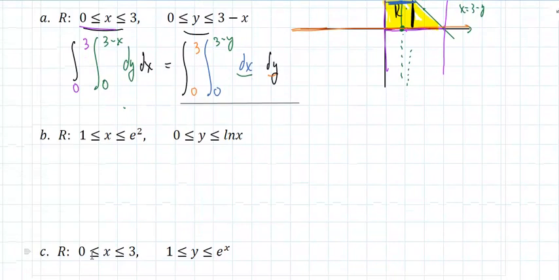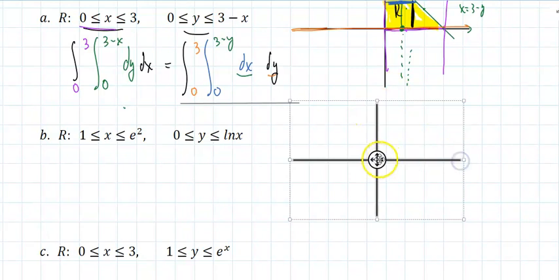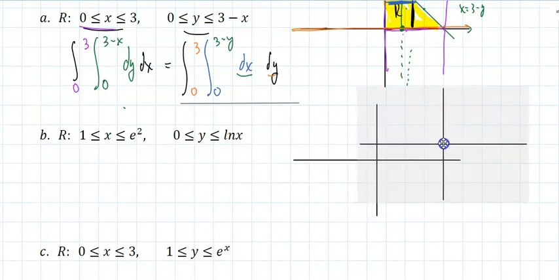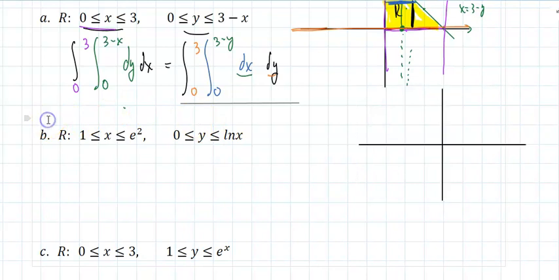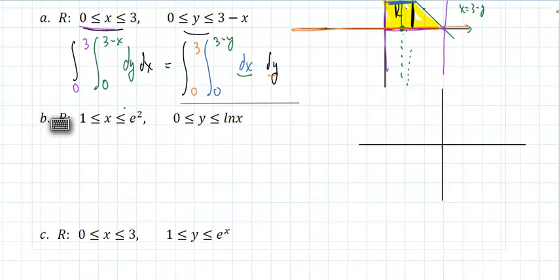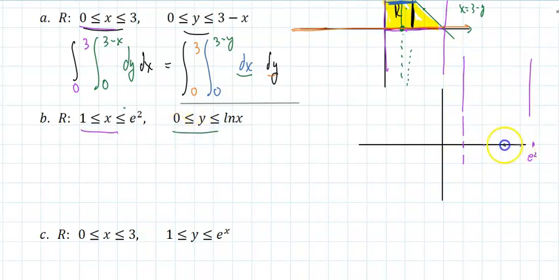Now, the next example is a bit different. It's not as straightforward as the first example, but it's the same idea. If I wanted to look at this, I know that x runs between 1 and e squared, which is 2.7 squared. So x is between those. Now, y runs between y equals 0 and y equals natural log of x.